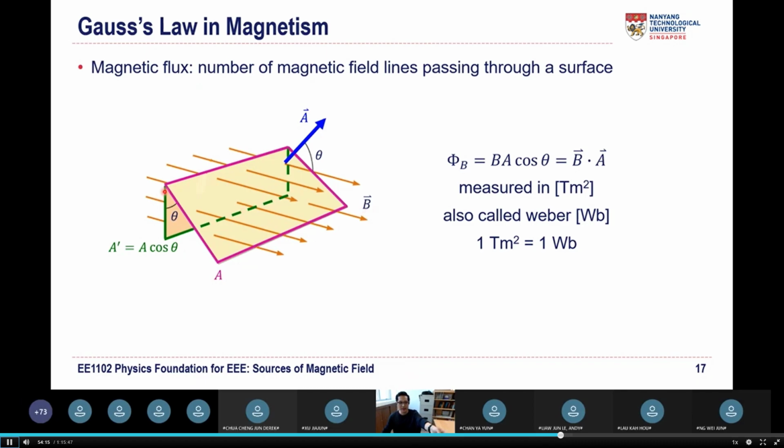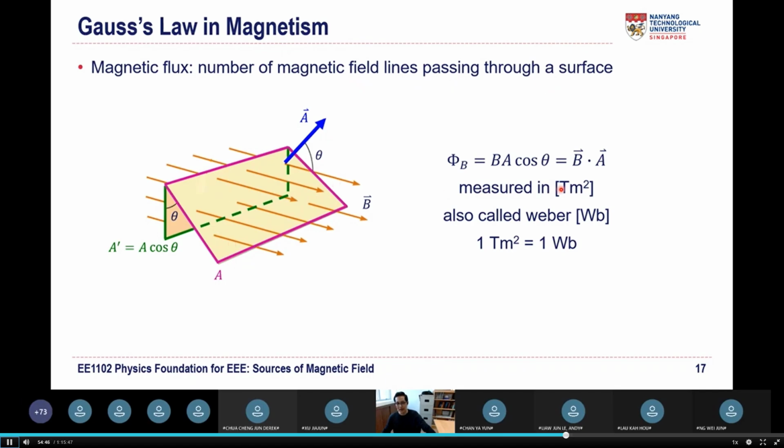So in this case, the magnetic flux through this magenta highlighted surface is going to be the same as the magnetic flux passing through this green highlighted area. Okay, magnetic flux denotes the number of magnetic field lines passing through a surface.